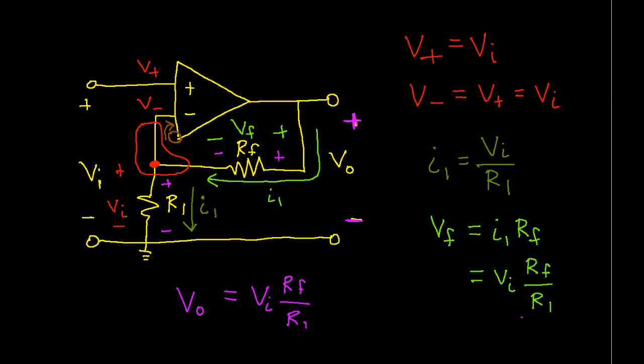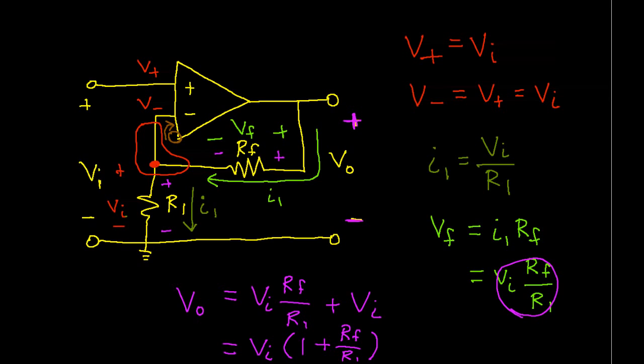That's basically this value. And we know that the voltage across R1 is VI. So now we can factor out a VI, and we get VI times 1 plus RF over R1.